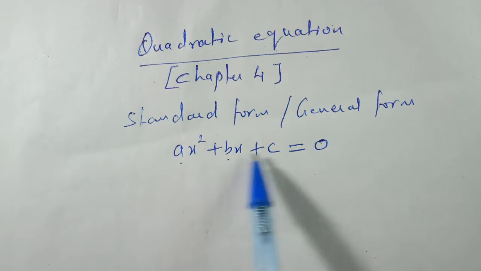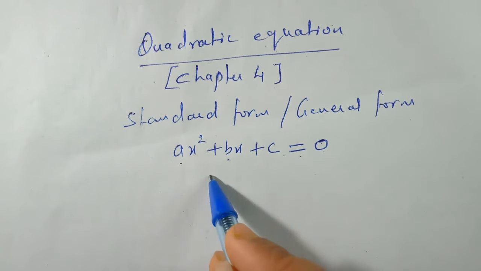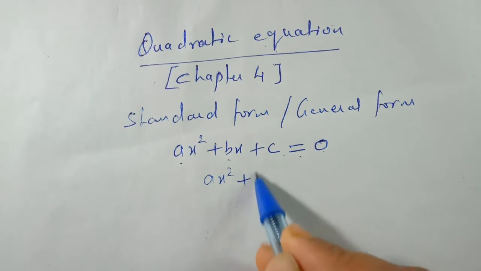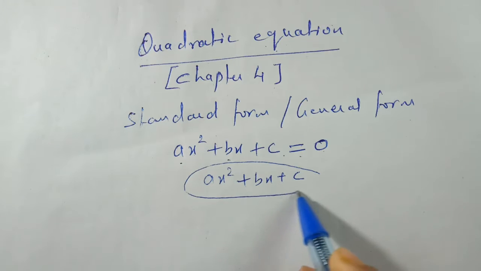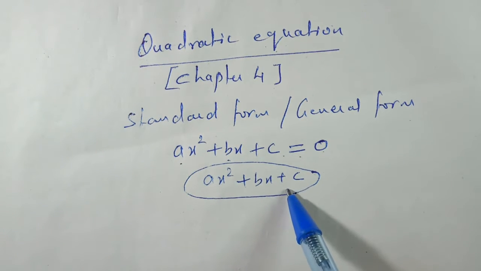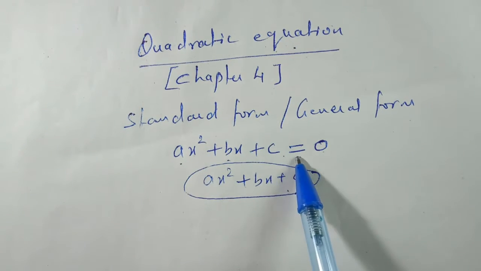So this is a quadratic equation. Equal to 0 will be there. If you write it like this, ax square plus bx plus c, then this is quadratic but not an equation. This will be called a quadratic polynomial. Since the word is equation, it will have an equal sign.